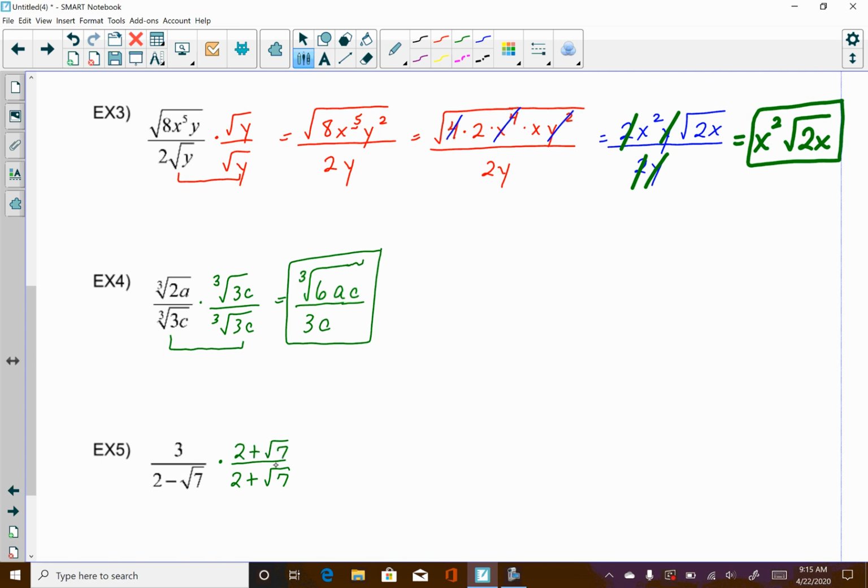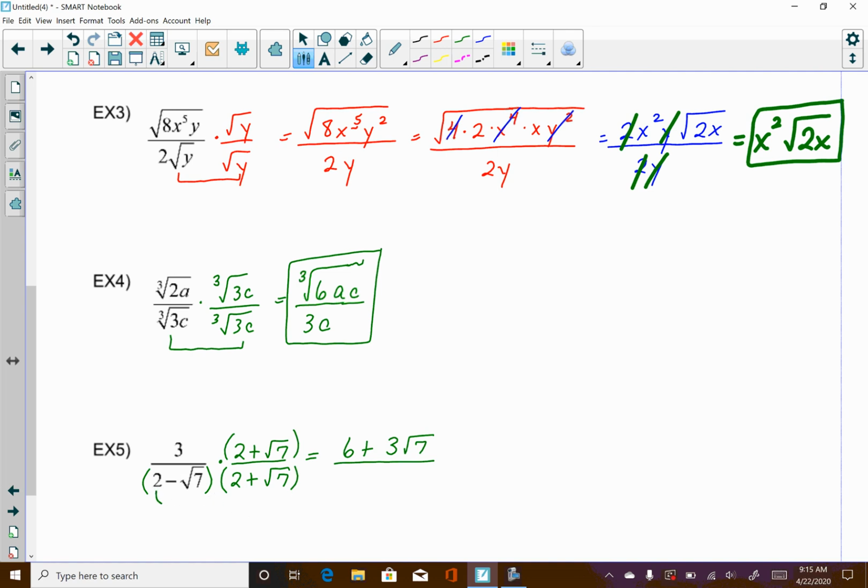This is just sort of giving you a little bit of a foreshadowing going into pre-calculus. So up top you've got 3 times this 2 plus square root of 7. So hopefully you can see here, I need to just distribute that 3. So that would give me 6 plus 3 square root of 7. And then on the bottom you've got a 2 term times another 2 term, so you're foiling.